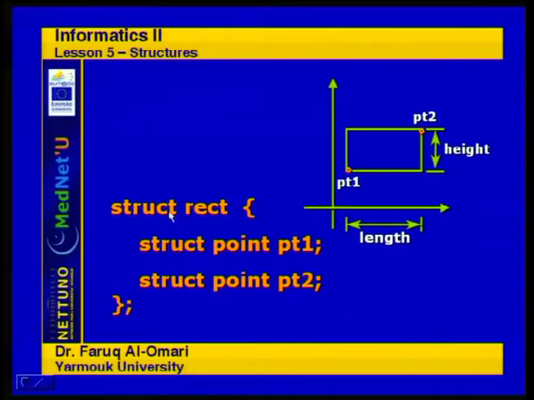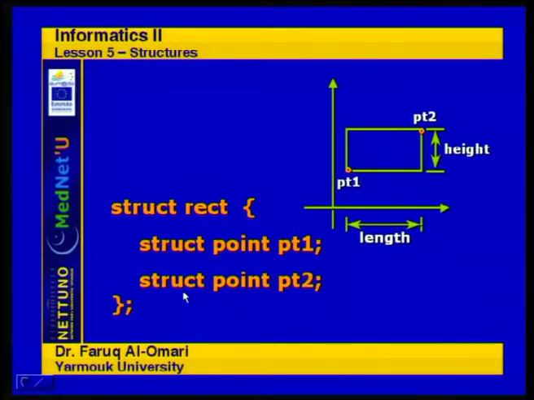The declaration statement goes like this: struct rect, and this is the structure declaration statement, open brace. The first member is of type structure, and this structure is the point structure we already covered earlier. So it has as its first member PT1, which is of type struct point, and PT2 of the same type in this example.